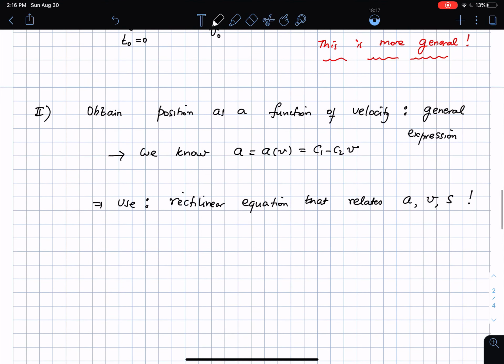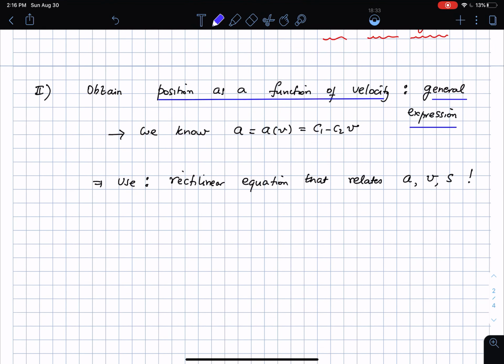Because I need position as a function of velocity, and this is of course a general expression that I'm looking for. And when I get a general expression, which is typically how I solve problems, I can always substitute for the actual values themselves.